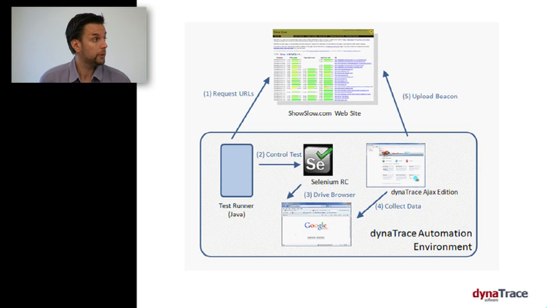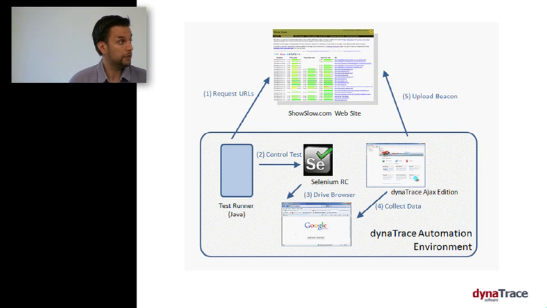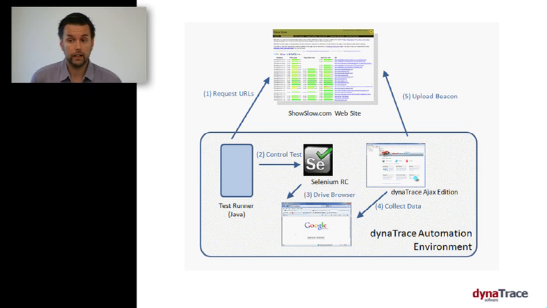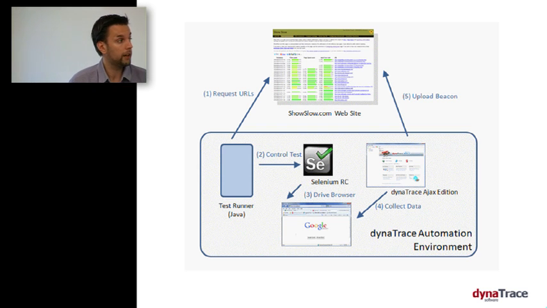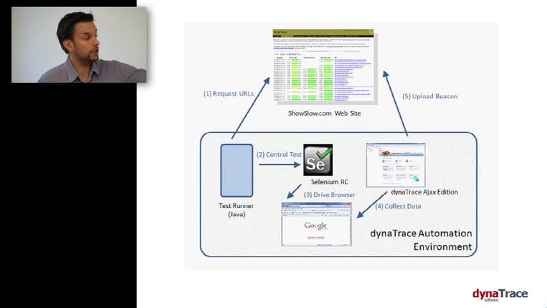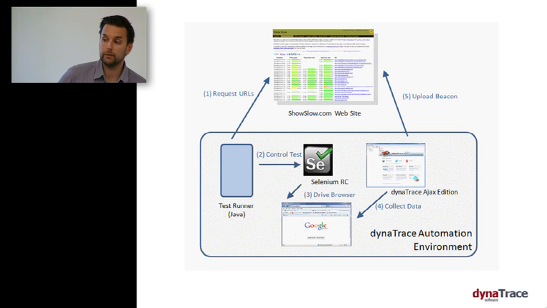It's just requesting URLs. And then there's a test runner, which is implemented in Java using Selenium, driving Selenium RC, which then drives the browser. Ajax Edition is connected to that browser, collects all those metrics while the test case is running.